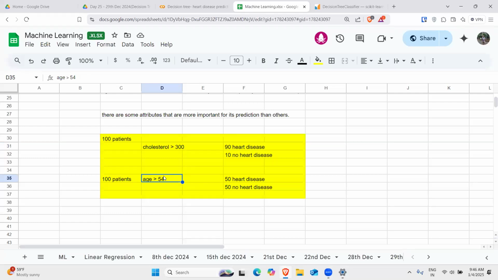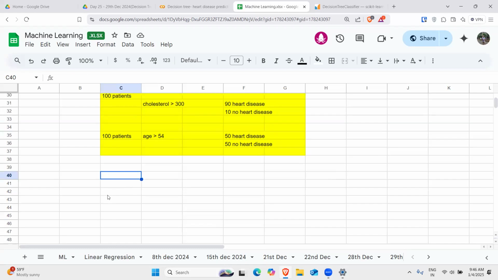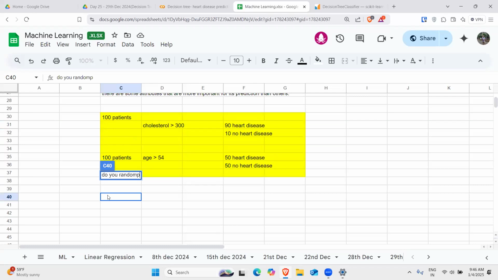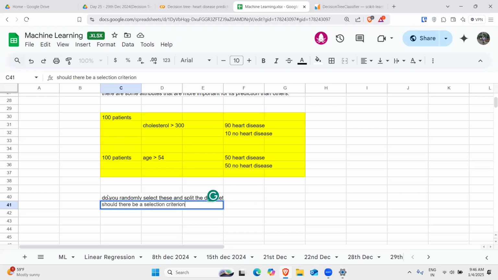So what are you trying to achieve with the split? That is your second question. So you might have a list of questions in your mind: do you randomly select this and split the data set? The second question could be, should there be a selection criterion for choosing one over the other?